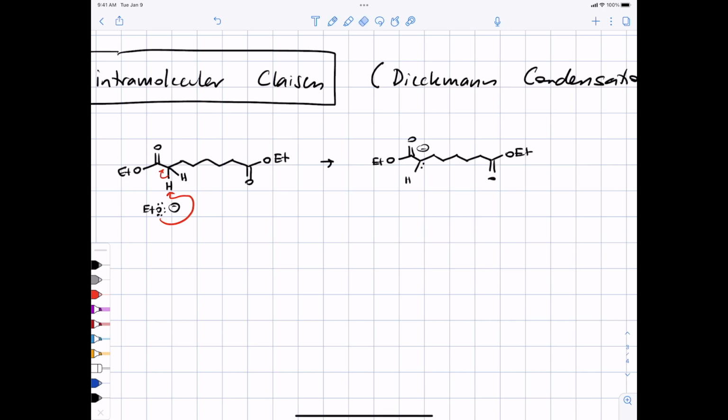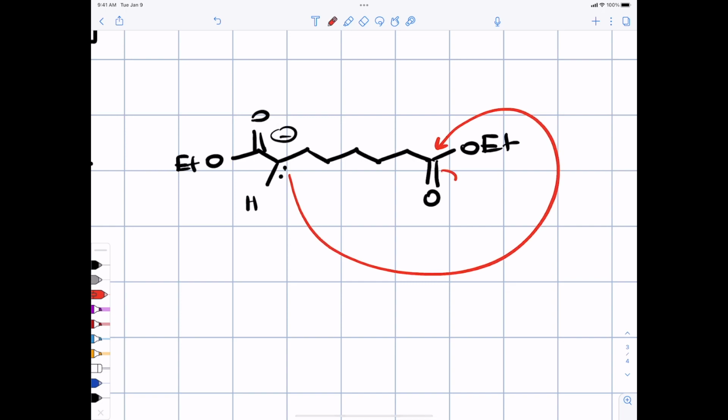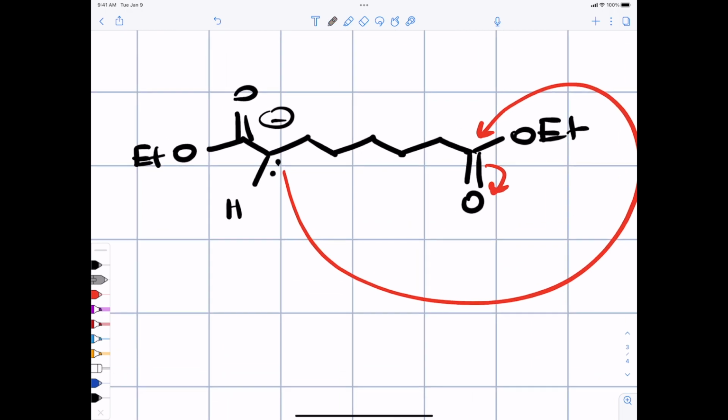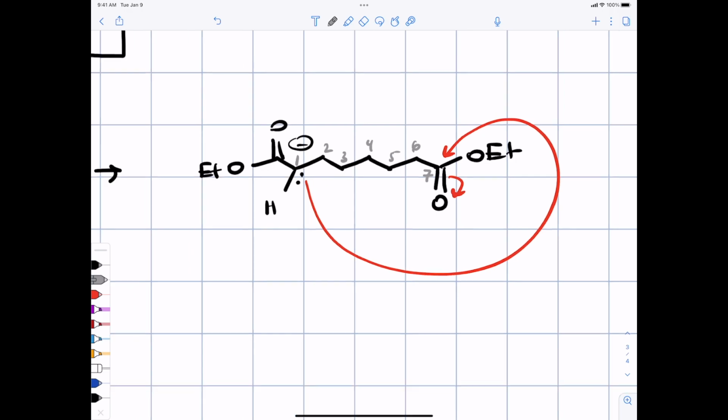The real trick now is, now that you formed the enolate by removing a proton from the alpha carbon, you have to count the number of atoms in the ring that you're going to make as enolate attacks carbonyl compound to give you a tetrahedral intermediate. So start with the alpha carbon, 1, 2, 3, 4, 5, 6, ooh, 7.